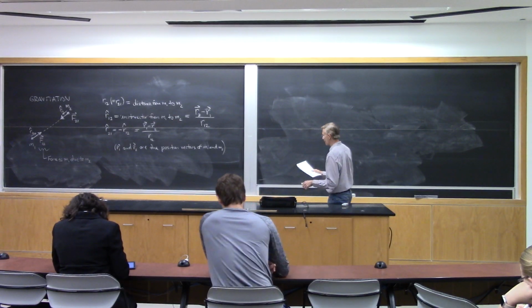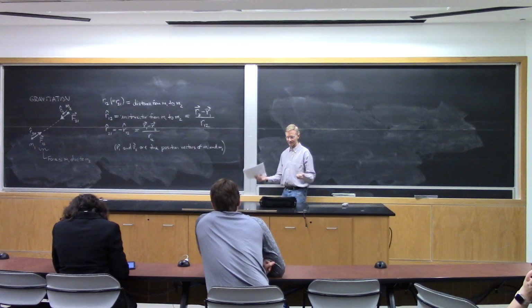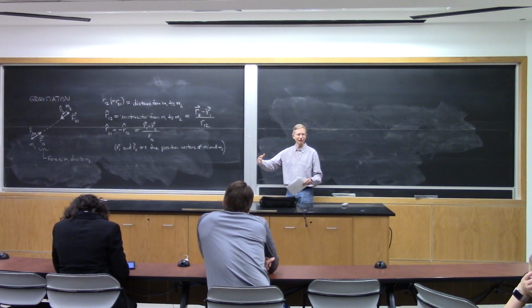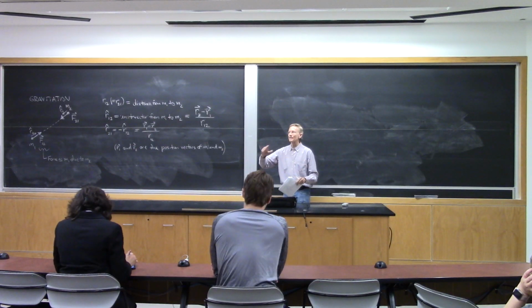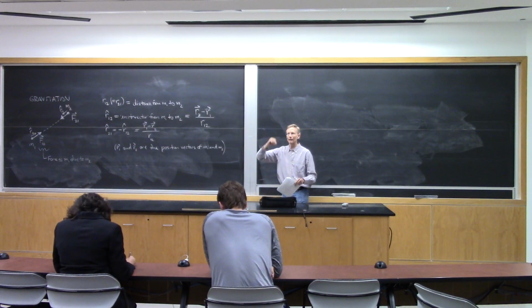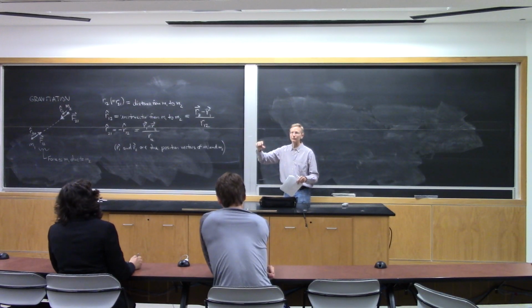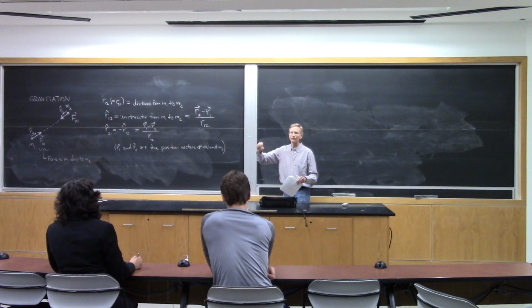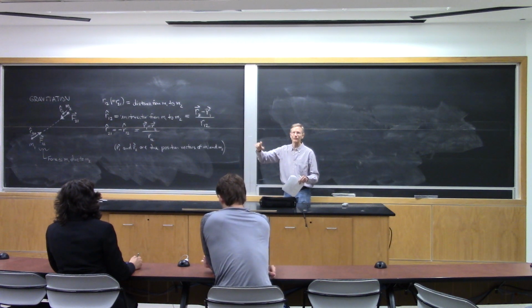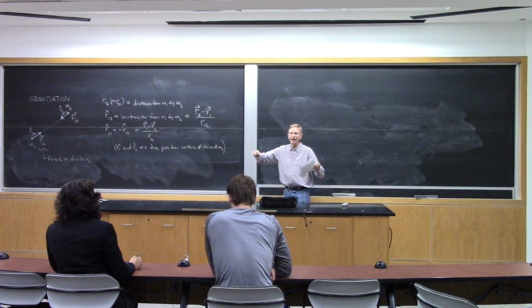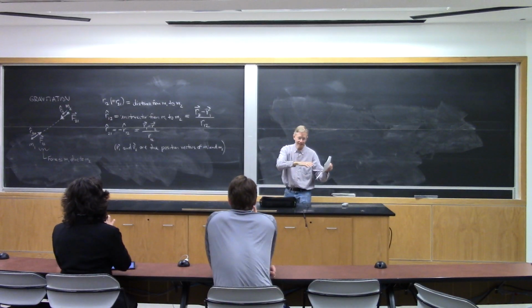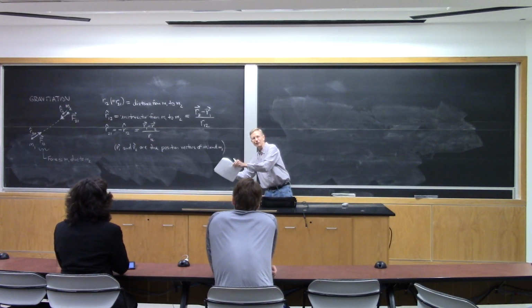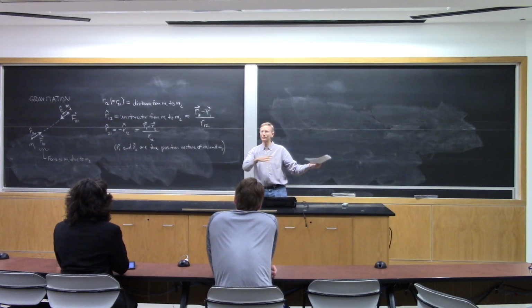All right, so gravitational potential energy. What we're going to see is you define the potential energy to be minus the work done on the particle, and then as long as that's independent of path, doesn't matter how the particle got between the 2 points, the whole point is that if you define the change in the potential energy to be minus the work done, well, by the work energy theorem, the work done is equal to the change in the kinetic energy, so it's automatically true that the change in the kinetic energy is equal to minus the change in the potential energy, and therefore that the total energy is conserved.